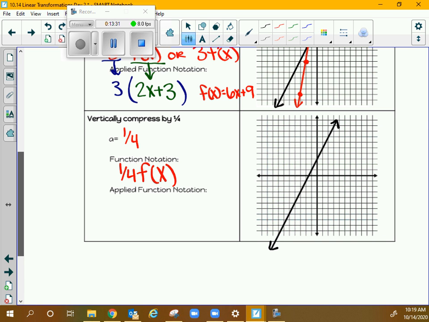So you take your original function of 2x plus 3, and you're going to multiply the whole thing by 1/4, which is going to give us something very fun to graph. f of x equals 1/2 x plus 3/4. So 3/4 is about here. Up 1/2.